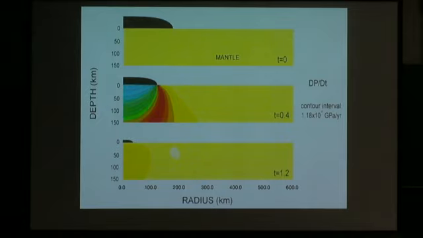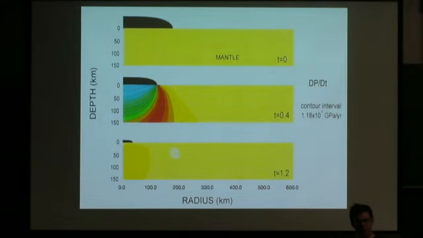The results of these calculations from Matthew's thesis show that you have the biggest effect on decompression, dP/dt, in the shallowest part of the mantle underneath the unloading ice sheet. And then as the unloading stops, you return pretty rapidly to steady state decompression rates.